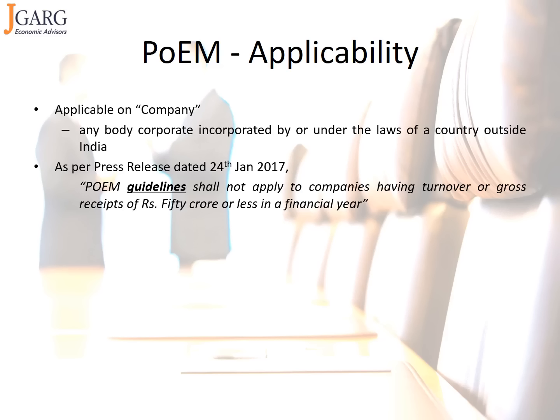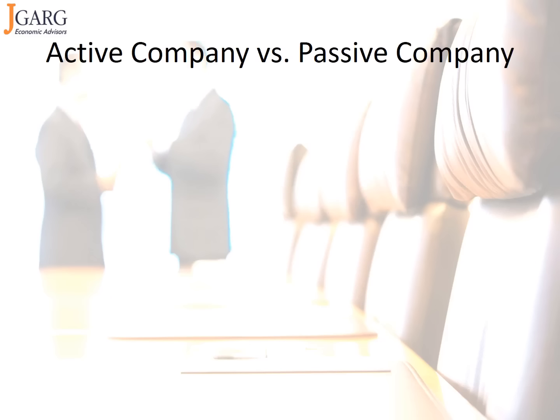Otherwise, if there is only this press release and no amendment in the act, then it only talks about guidelines, and the guidelines released on 24 January would be applicable to companies having turnover of more than 50 crores. For companies below 50 crores, it will become an open house thing. Nobody knows what will happen.